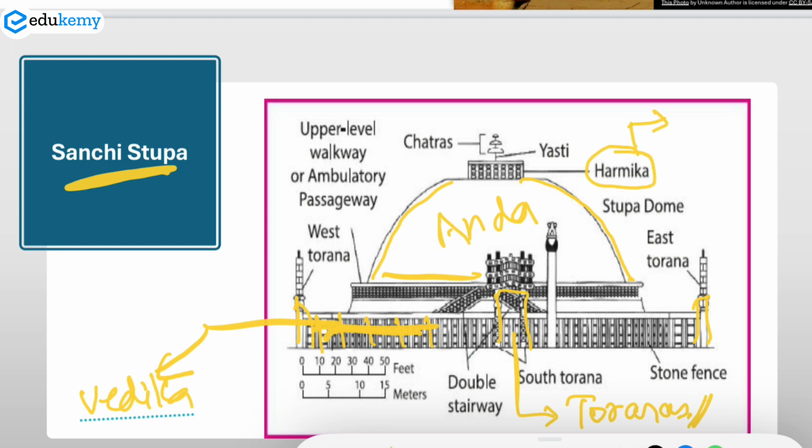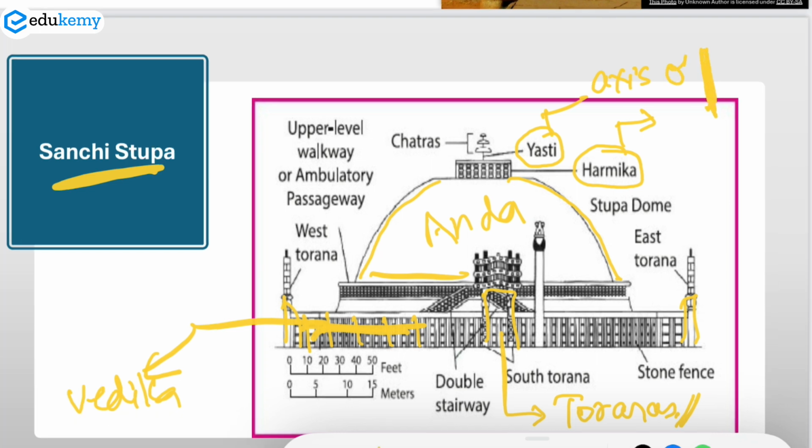Now, Harmika is the sacred part of the stoop. It contains the relics of the Buddha. Yasti represents a vertical line which represents the axis of earth. There are Chhatras.